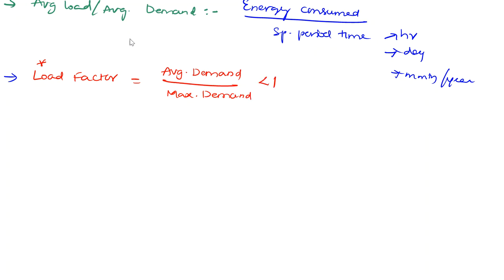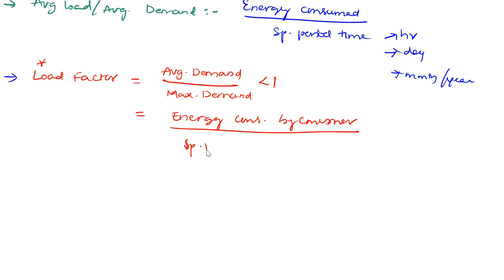Average demand is the energy consumed by the consumer over a specific period of time. So you can write it as energy consumed by the consumer divided by the specific period of time into maximum demand.